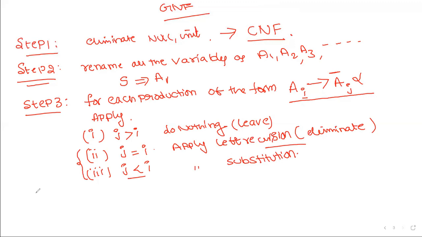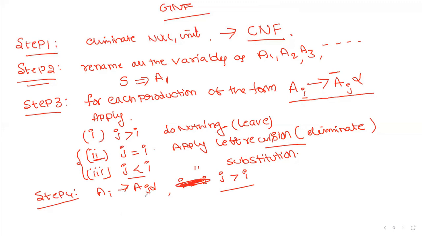After completion of either of these steps, now you have to consider the production Ai tends to Aj alpha where j is greater than i. After completion of step 3, we are moving into step 4. In step 4, we are considering the remaining productions.